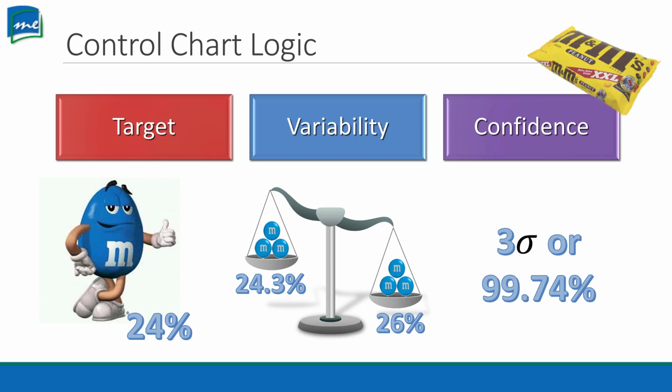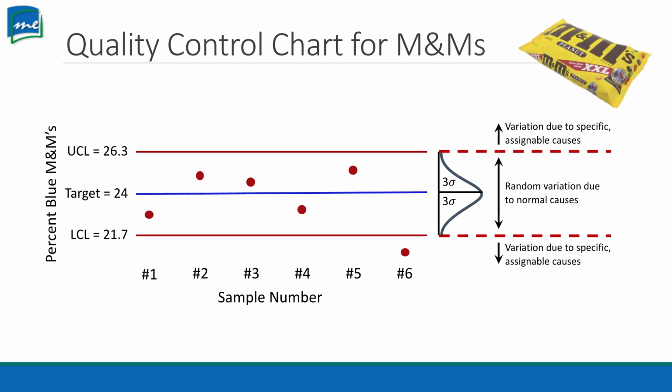So let's go ahead and take a look at a quality control chart for blue M&Ms. So if we bought 6 bags of M&Ms and plotted what percent were blue M&Ms, here's where they would plot on the line based on an upper control limit and a lower control limit.